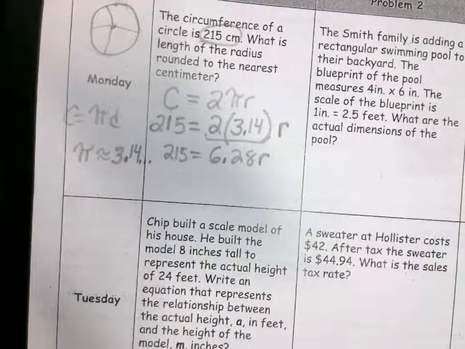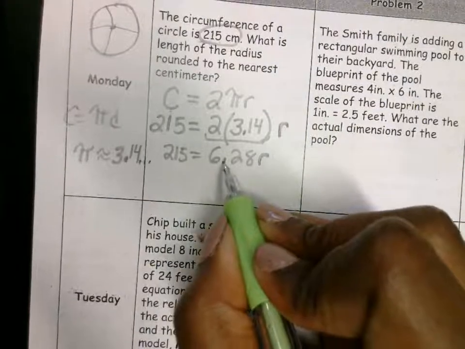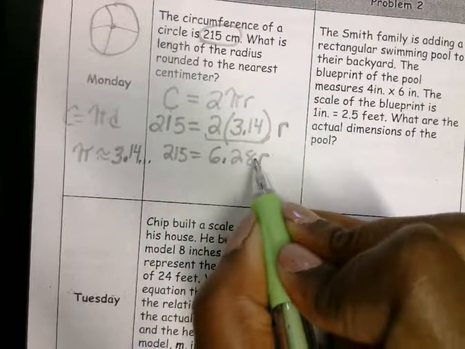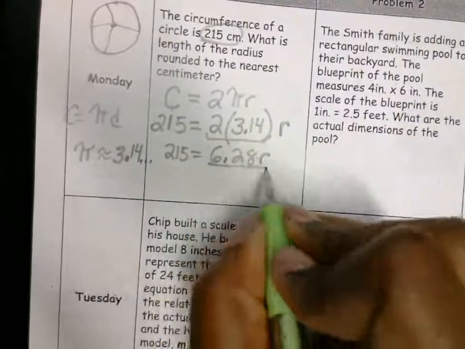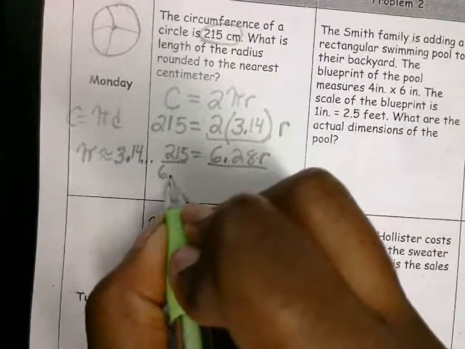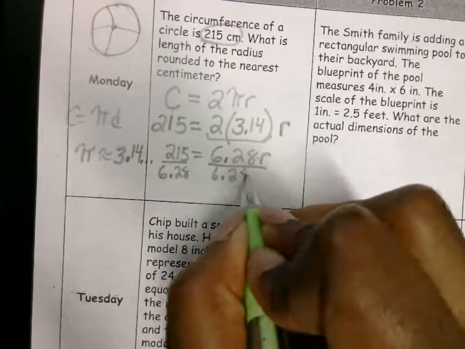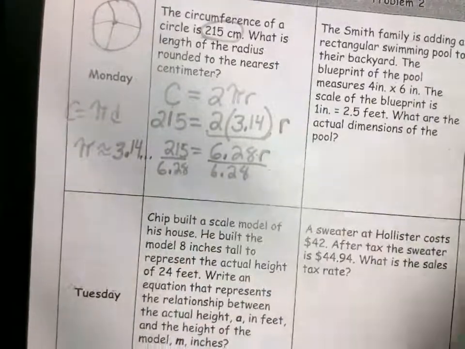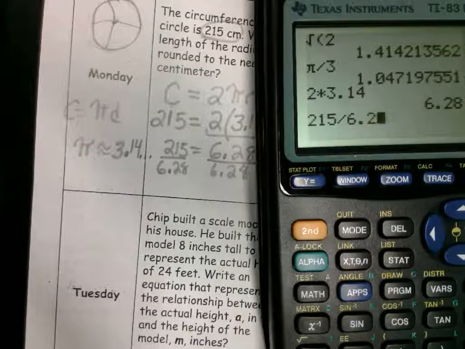Now, how do we get r by itself? How do we get rid of this 6.28 that's attached by multiplication? What's the opposite of multiplication? So we're going to divide. So let's type in 215 divided by 6.28.